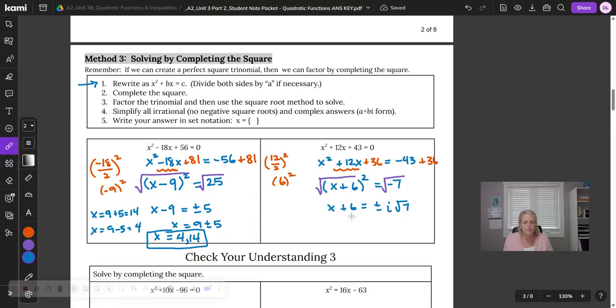Okay, and then just one more step, subtract your 6. So x equals, and remember the a plus bi form, I reminded you up here in case you forget. So the negative 6 comes first, that's our constant, plus or minus, and then our imaginary component, i square root of 7.